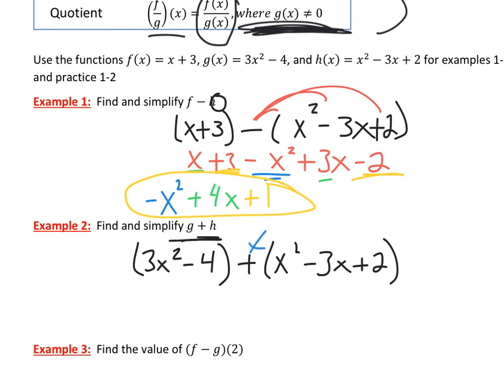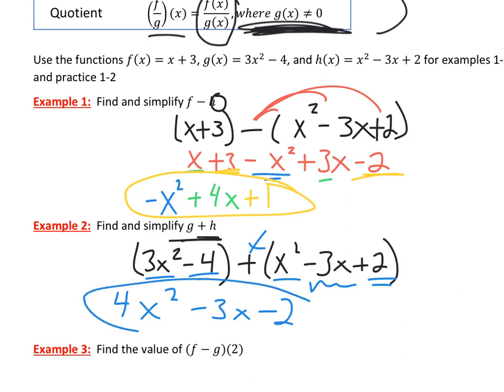Because there's a plus sign in the middle, I can just ignore the parentheses and combine like terms. So 3x squared and x squared makes 4x squared. I got a minus 3x. And lastly, the minus 4 and the plus 2 make minus 2. So this is g plus h.